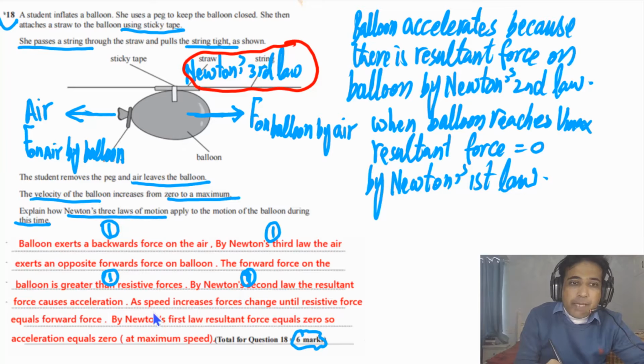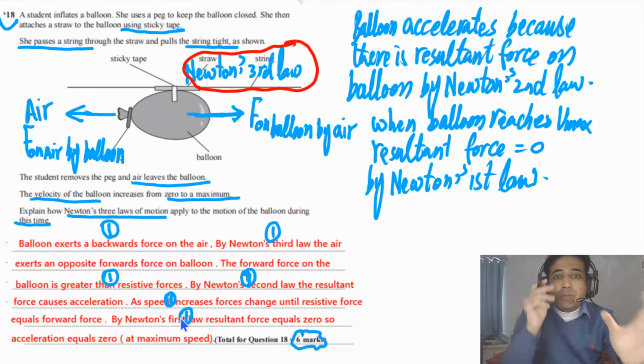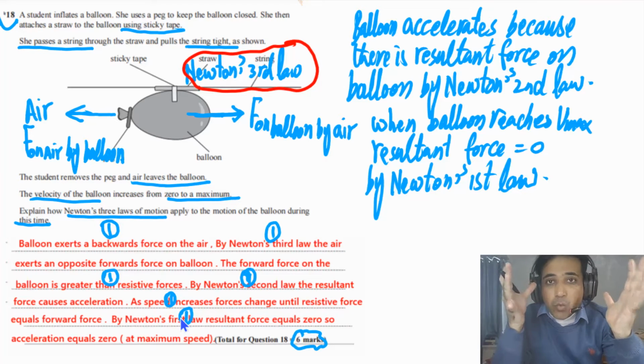As speed increases, forces change until resistive force equals forward force, you will get another mark, means you will get 5 marks. And the last mark is if you have written by Newton's first law, resultant force equals 0, so acceleration equals 0 at maximum speed. So this is how 6 marks will be awarded to you.